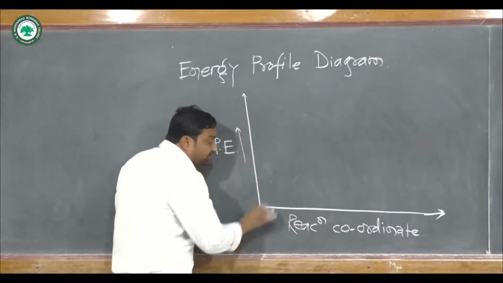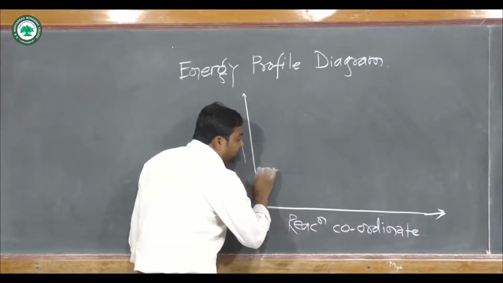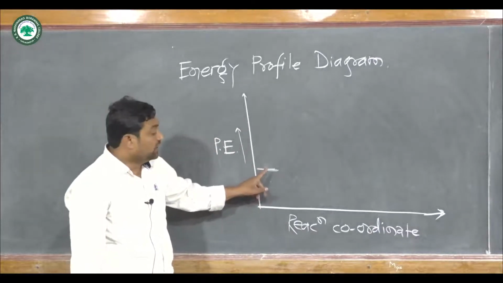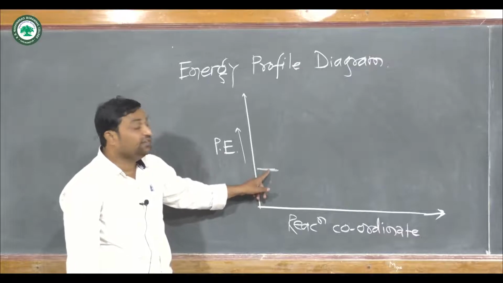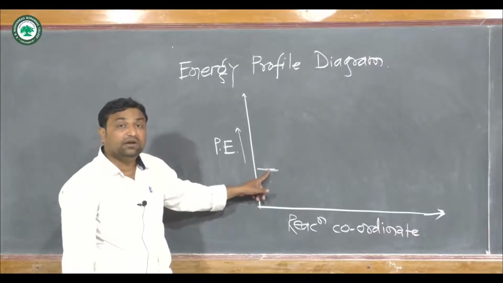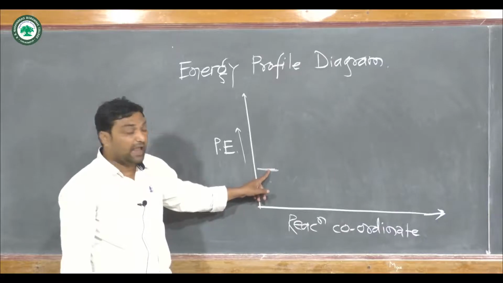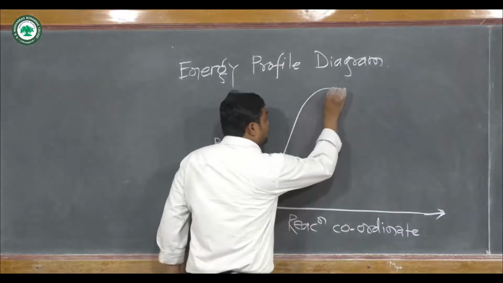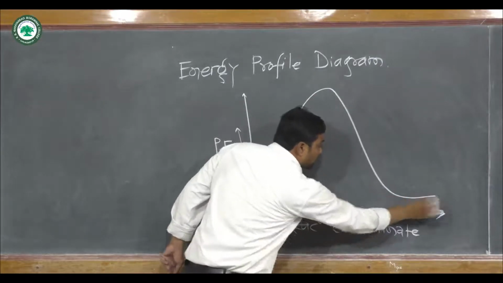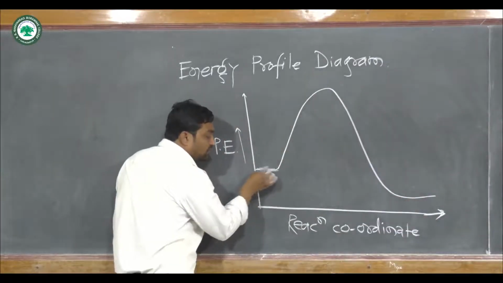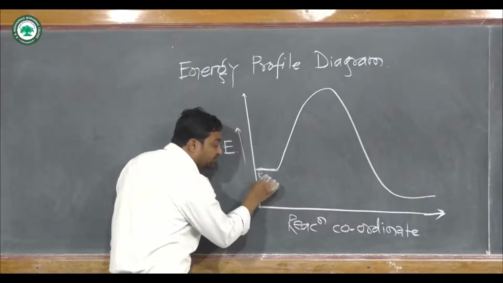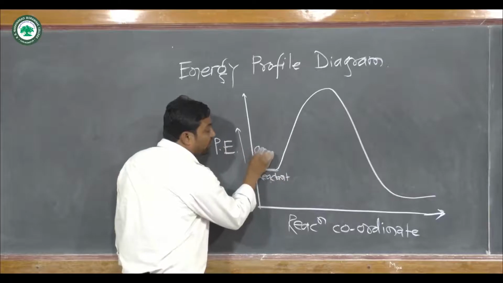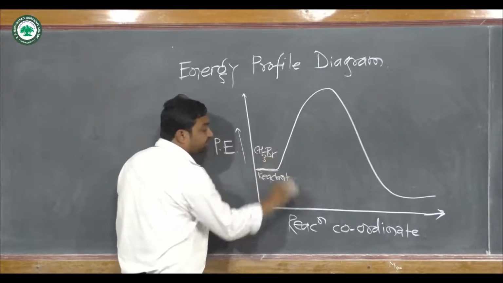We know that this is the first energy level, which is nothing but the energy of our reactant, and we used methyl bromide as a reactant.